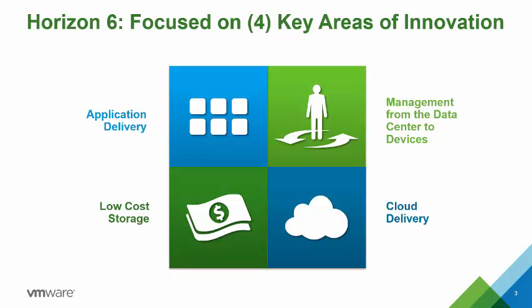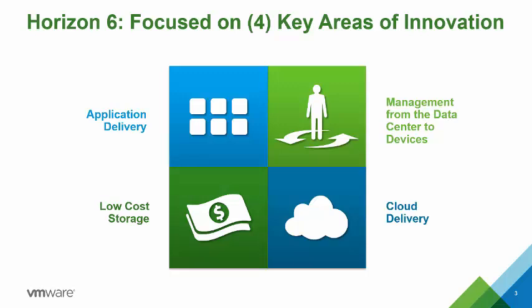IT can manage applications and users from the data center all the way out to the devices being managed. For example, devices can range from physical machines that go offline often to virtual desktops that reside in the data center, either way. Managing different application sets that can be delivered to mobile devices, tablets, PCs, and virtual desktops is critical. With Horizon 6, that makes it possible.